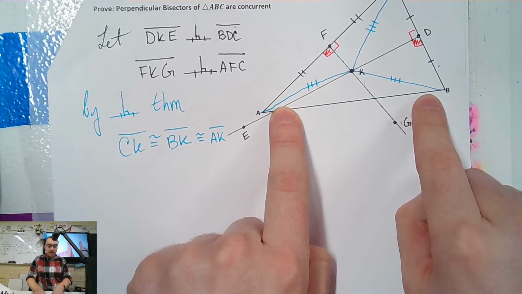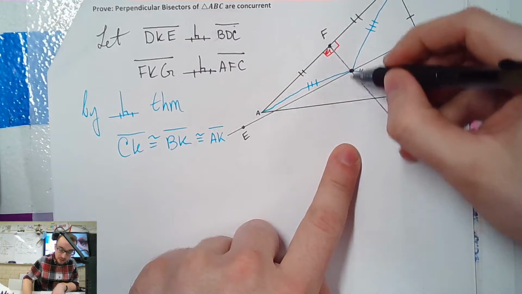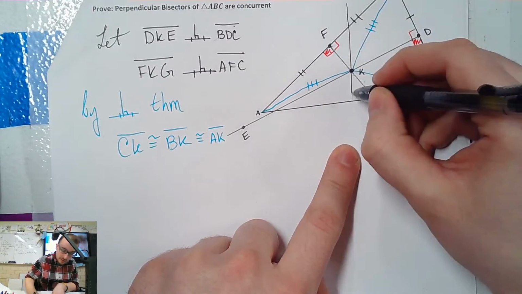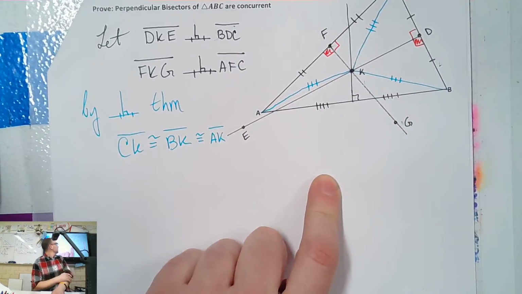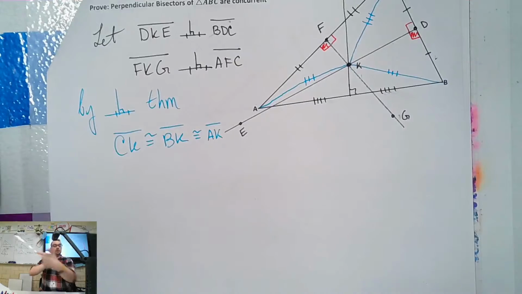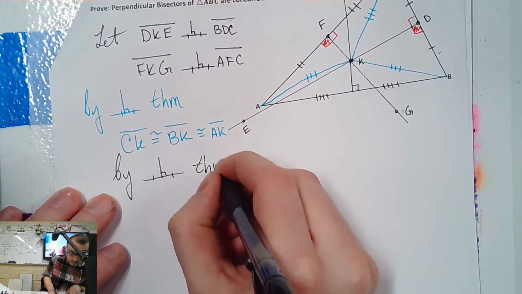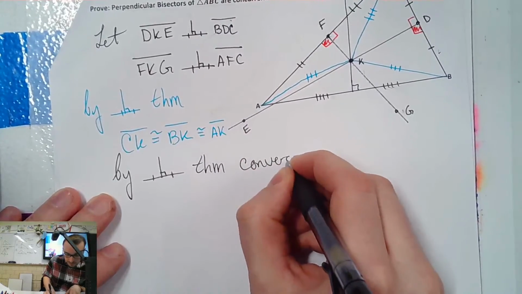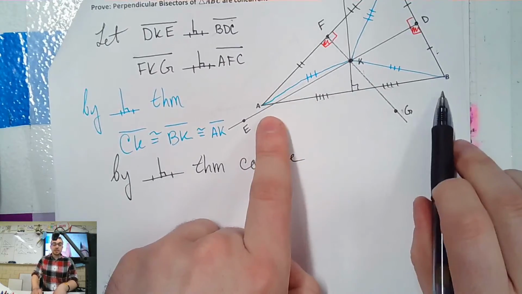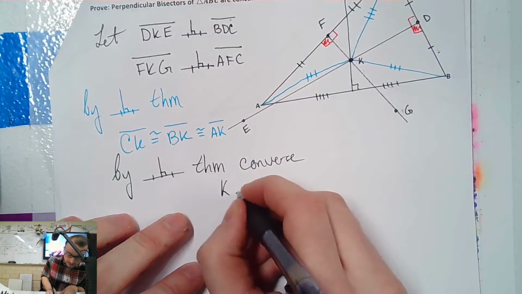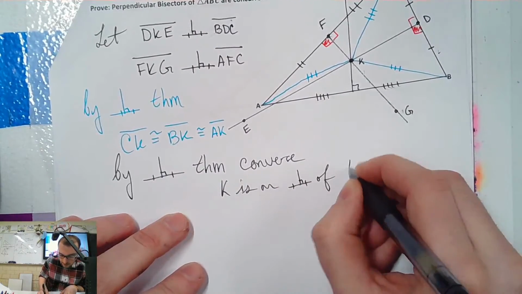So K is going to be on the perpendicular bisector of this side. So if I were to draw it in, it would be on it. That would be the perpendicular bisector, because it's equidistant, right? Now that's the converse. So by perpendicular bisector theorem converse, since K is equidistant from A and B, then it's on the perpendicular bisector of AB. So K is on the perpendicular bisector of AB.